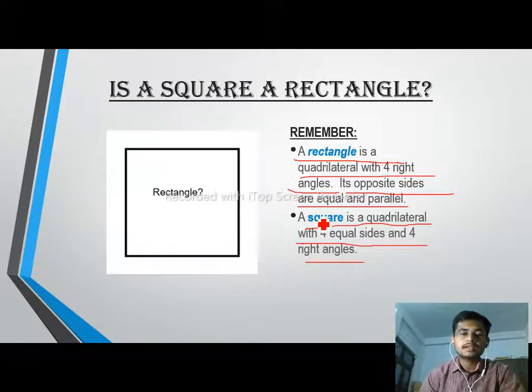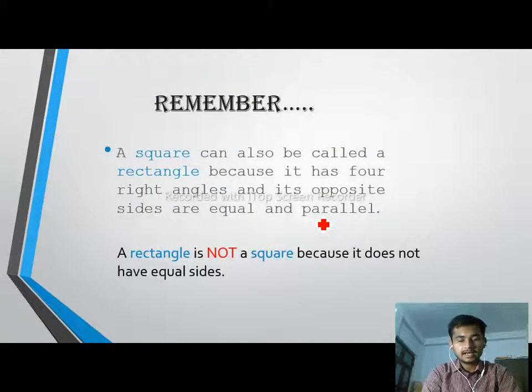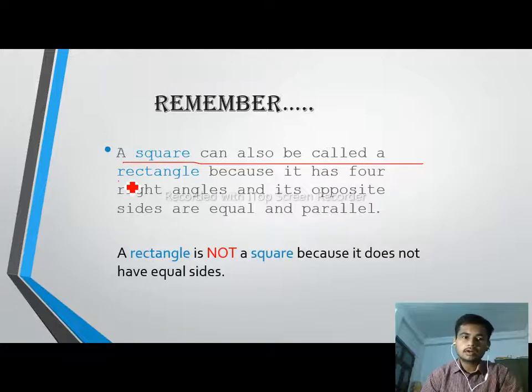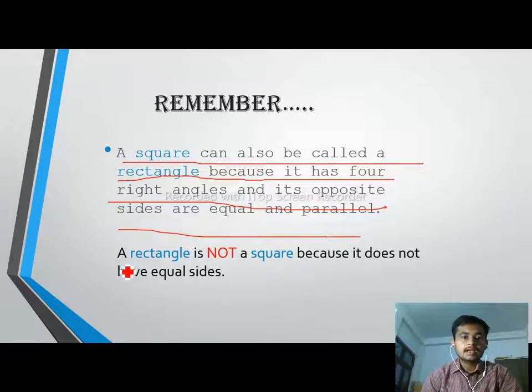Both have 4 right angles, but a rectangle does not have all sides equal, while a square does. That is why a square can be termed a rectangle, but a rectangle cannot be termed a square. A square can be called a rectangle because it has 4 right angles and its opposite sides are equal and parallel. A rectangle is not a square because it does not have equal sides.